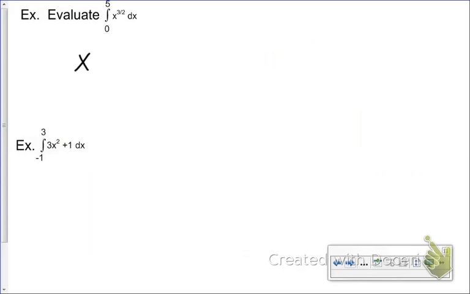We need to figure out what the function was that we start with in order to get this to be the derivative. So you have to think in terms of backwards when we do antiderivatives. You have to think about the same thing we did previously in last chapter.